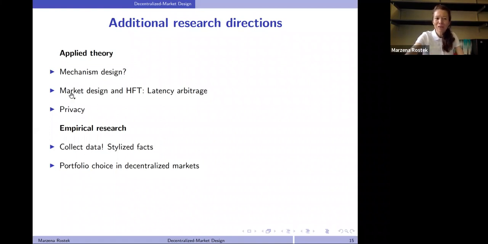Let me mention one more problem which applies market design ideas to high frequency trading. So recent studies have called attention to the rents captured by high frequency traders. I mean, the topic has been controversial to say the least. Price differentials in these markets induce latency arbitrage and competition on speed.